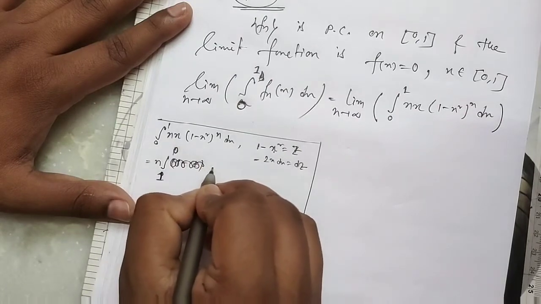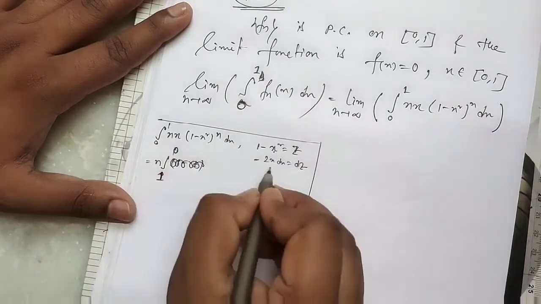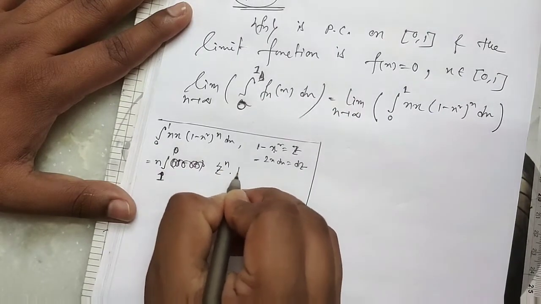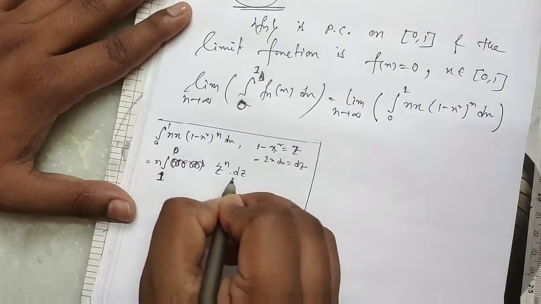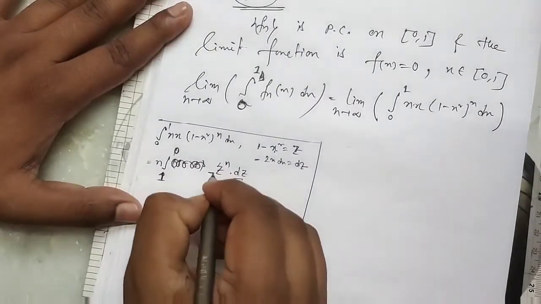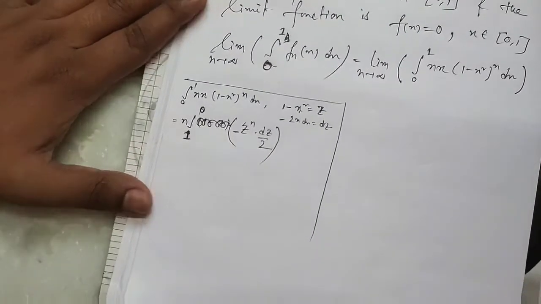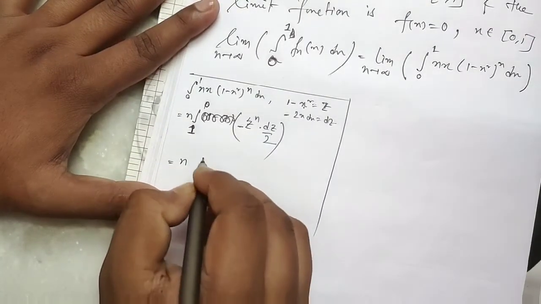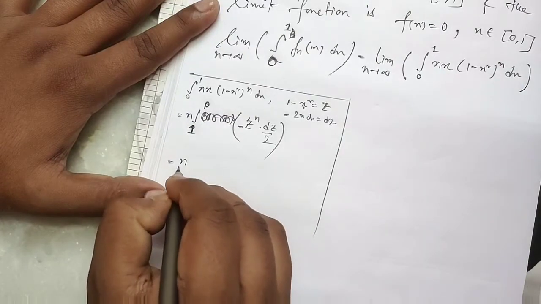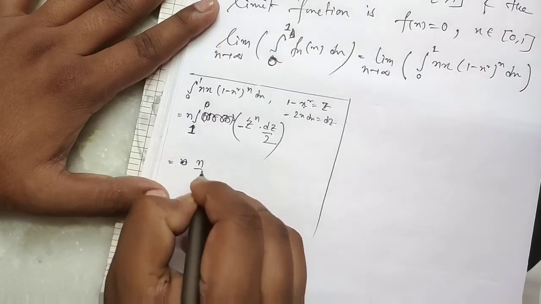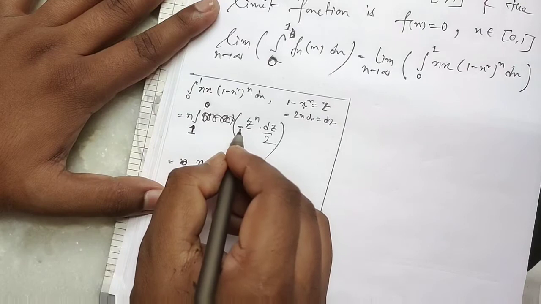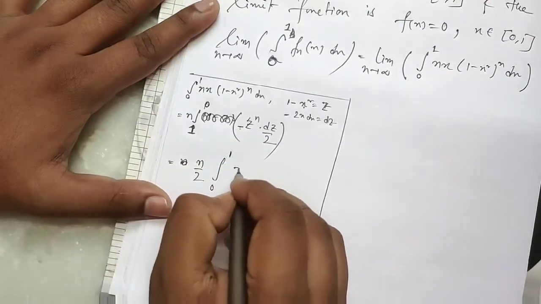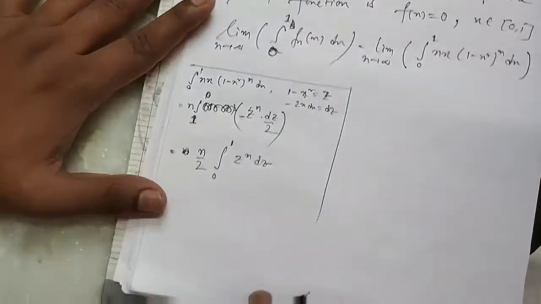It will be changed into the integral of z to the power n dz by 2. There is a negative, so the limits will be swapped.